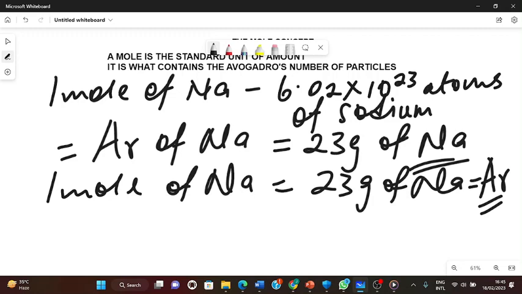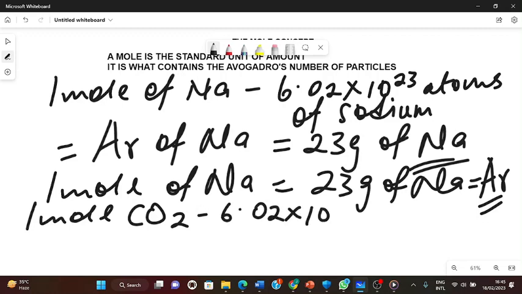But if it's a compound, let's say 1 mole of carbon dioxide, CO2, contains 6.02 times 10 raised to the power 23 molecules of carbon dioxide.